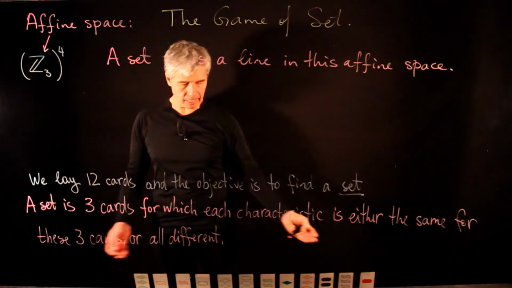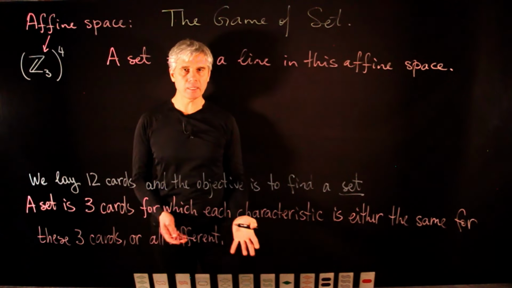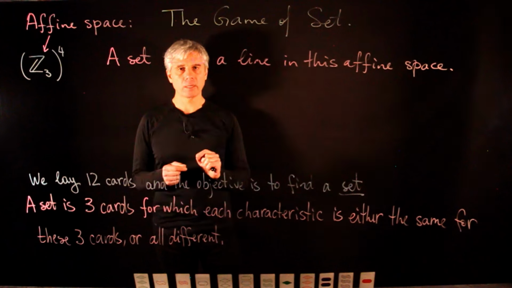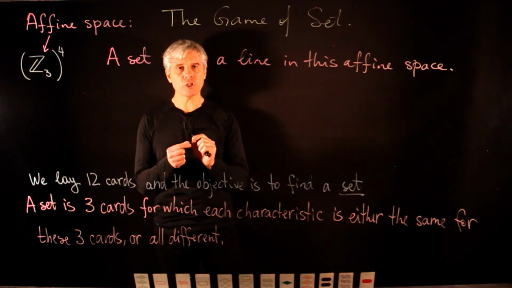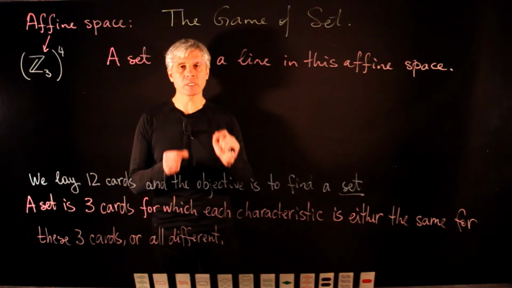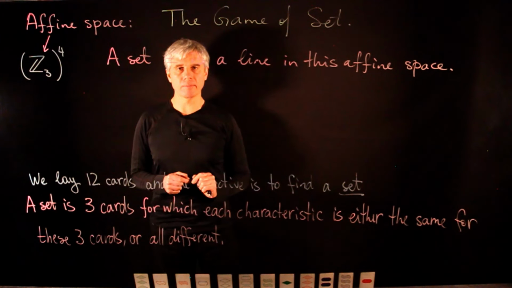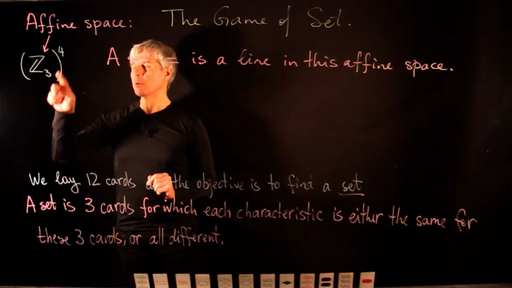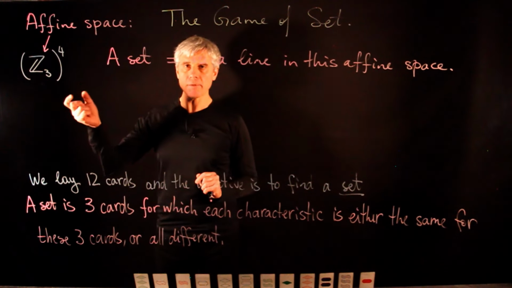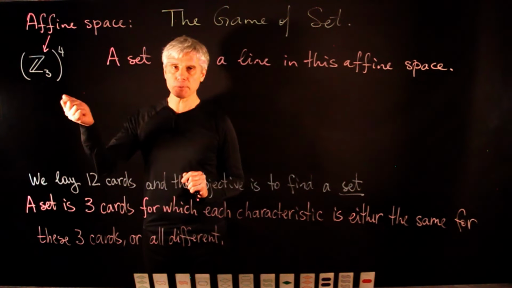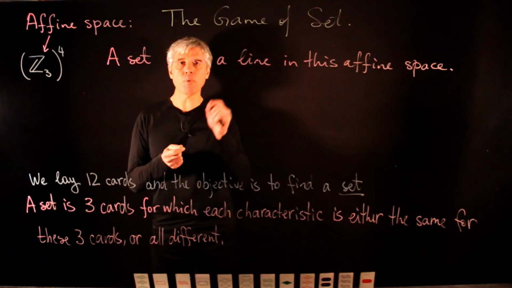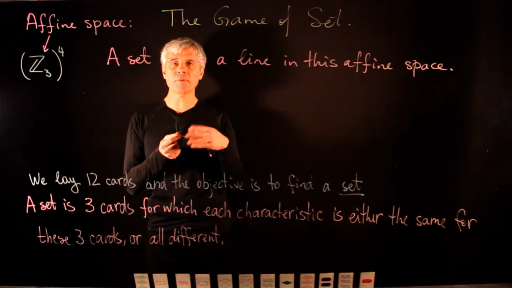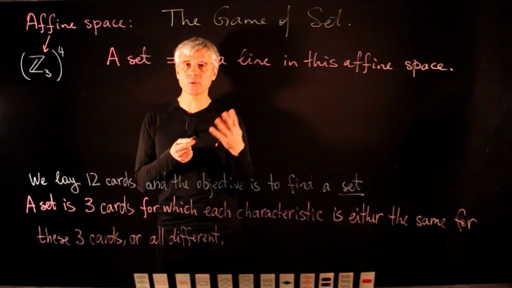So the game of Set now is the following. We're given 12 points in this four-dimensional affine space, and we need to see which three of these 12 points lie on the same line. Indeed, in Z3 to the power 4 as a vector space over Z3, a one-dimensional subspace will contain 3 points, because we have a non-zero vector, and then we can take three multiples of this non-zero vector.